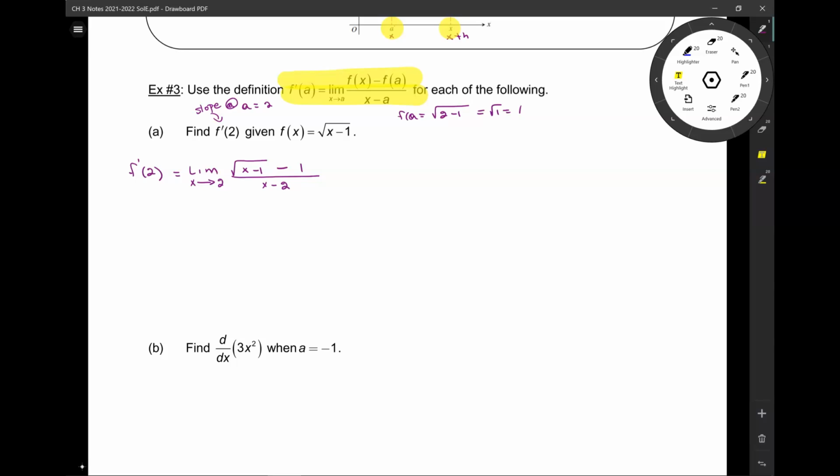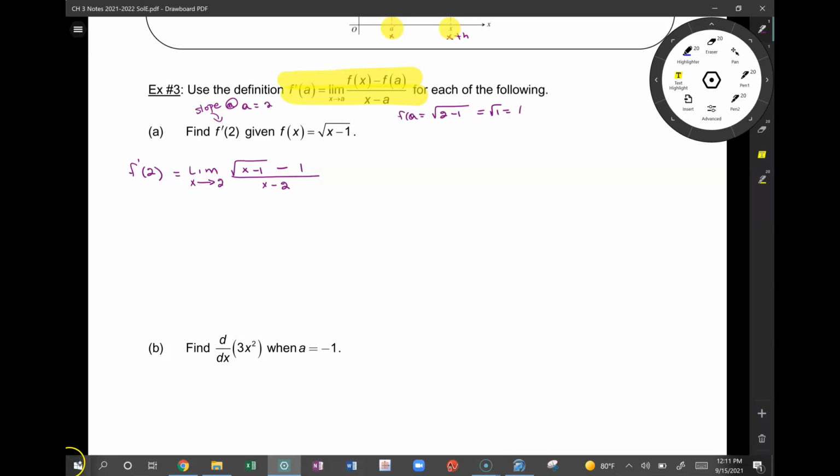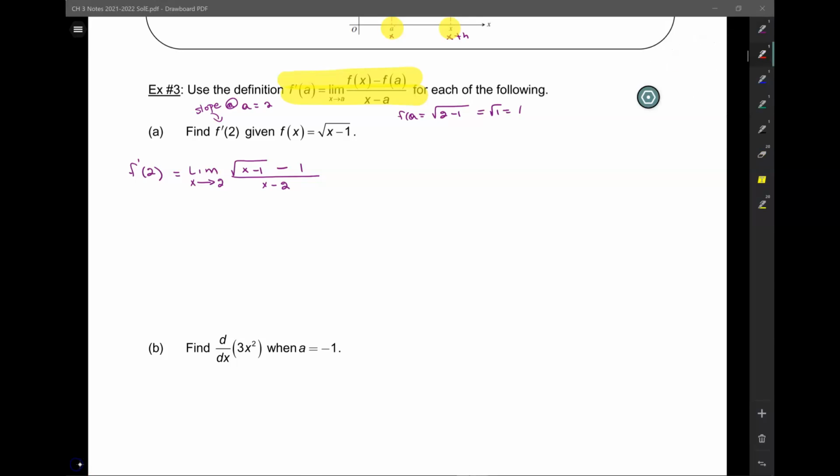And I need to get rid of it like pre-calc honors style, like we did last year. Remember the roots that we were doing last year? What we used to do, remember, was multiply by the conjugate, so it's the root plus 1. And remember to do it on the denominator as well. Some people are still forgetting. So limit as x approaches 2.